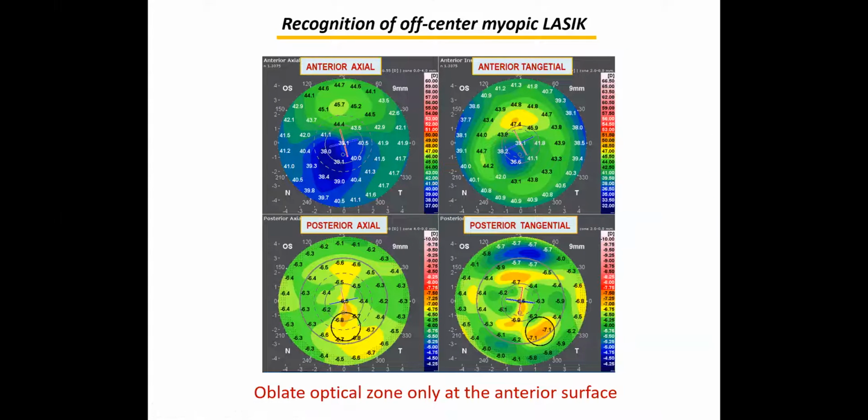Or we recognize when we have an off-center treatment, like in this case. Many of these cases came to me suspected of ectasia. And this is not ectasia, this is a treatment that was made totally off center, or something happened during the surgery.